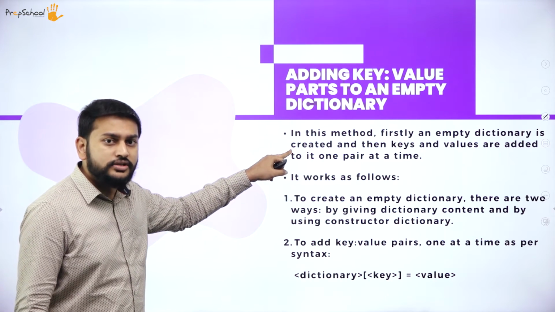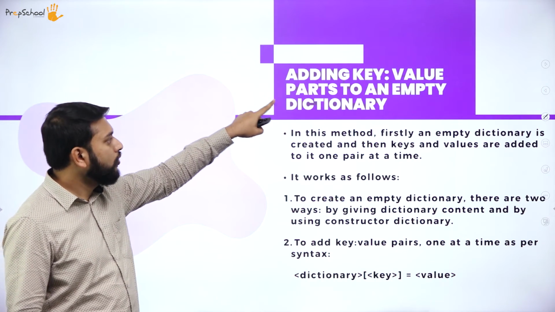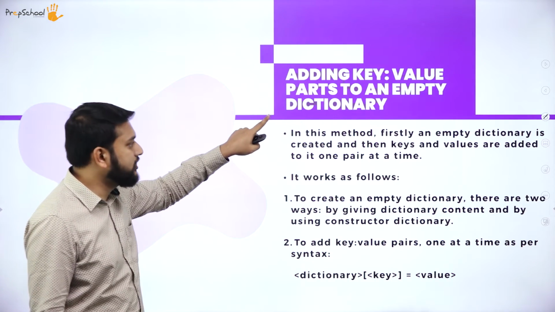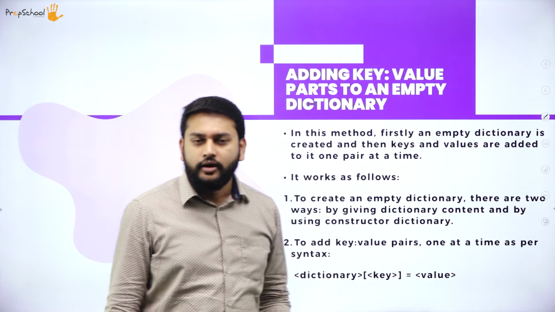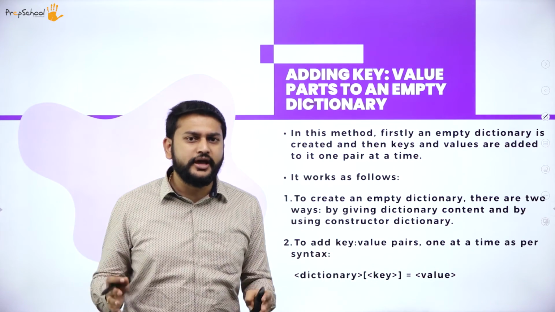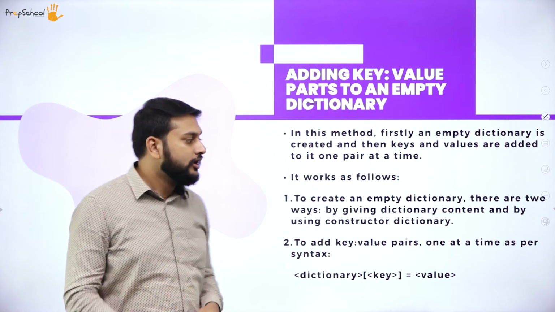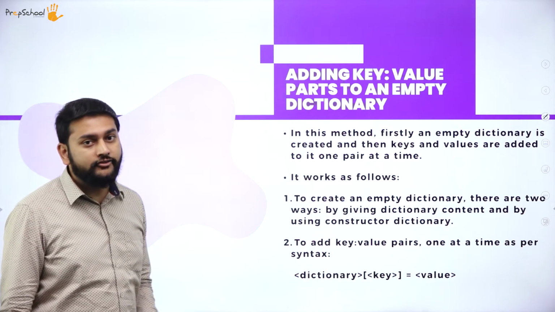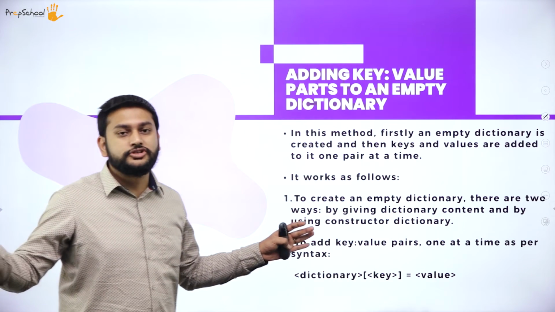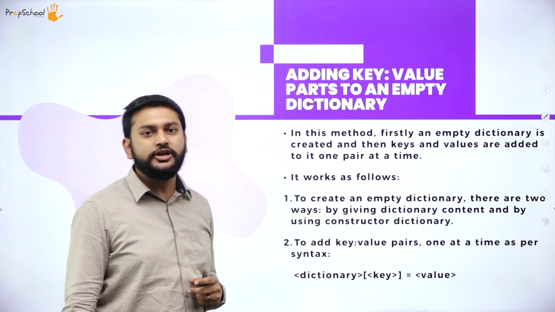I have created the empty dictionary, and I have to add the pair of key and value. How do I do that? Please listen to me carefully. The first thing I have to do is create the empty dictionary. So fine, I have created the empty dictionary.